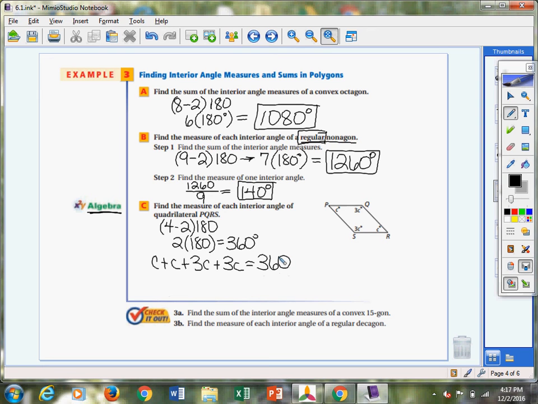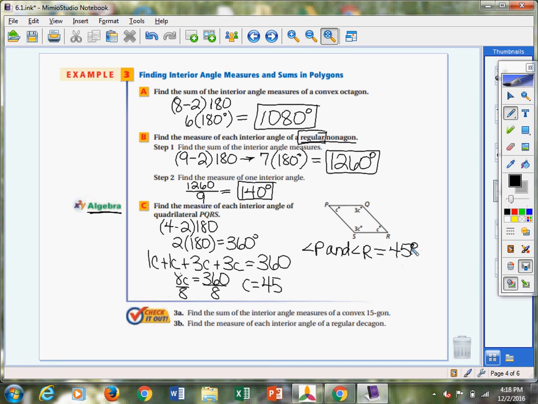So this becomes an algebra problem. We need to add up all our C's. I've got 1, 2, 3, 4, 5, 6, 7, 8. I've got 8 C's that equal 360, and then divide each side by 8. So I know that C equals 45 degrees. So that tells me that angle P and angle R, which are both C degrees, are equal to 45 degrees.